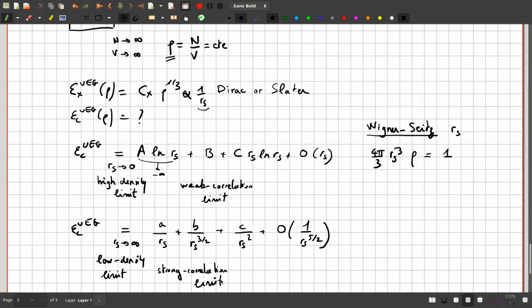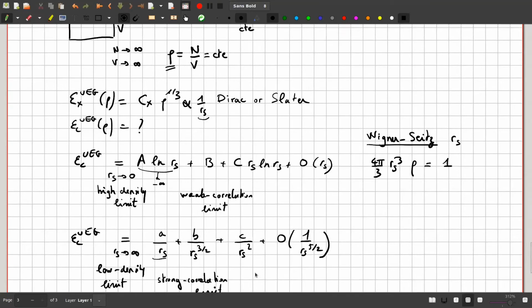So even though in this limit you see that the correlation energy goes to 0, it goes to 0 at the same rate as the exchange energy. So the correlation becomes as strong as the exchange. And in fact, they become stronger than the kinetic contribution because the kinetic goes to 0 as 1 over Rs squared.